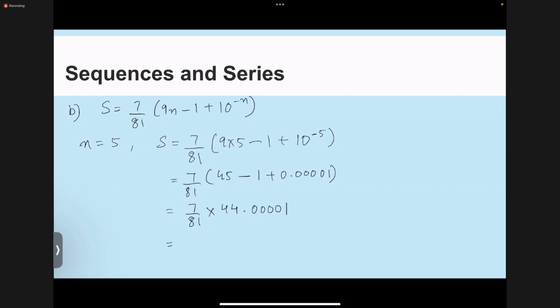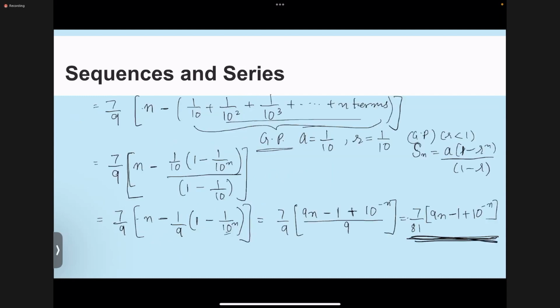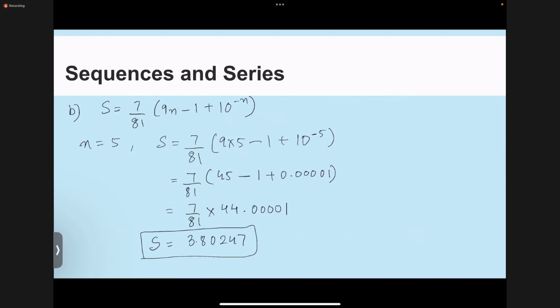Then this actually becomes 3.80247. Okay, so this will be your answer. First we got it in the general term where we can put any n value that we are asked to find for, and then you just substitute the value for n and you can find the answer.